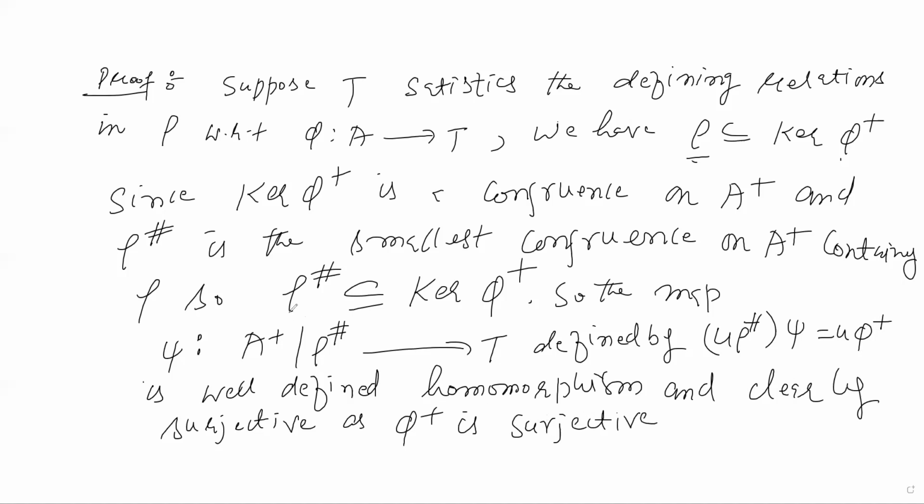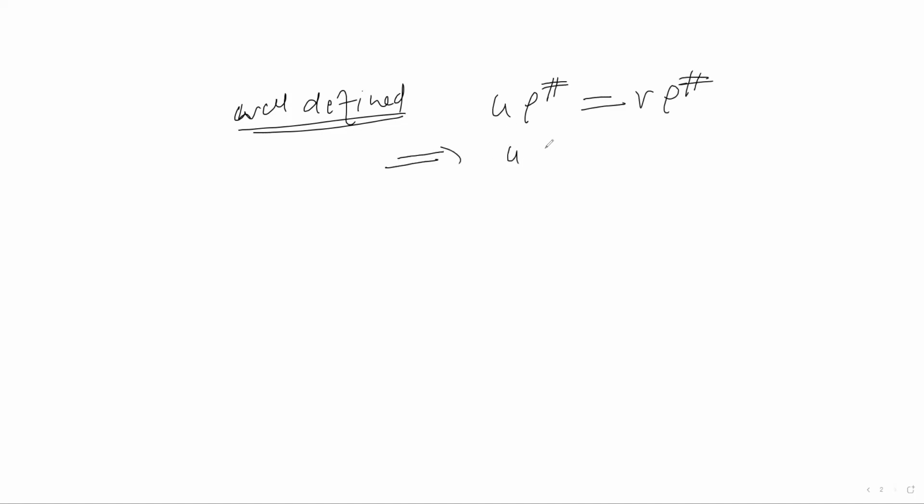And well definedness follows from this fact. How? Well defined means you take two elements as same and you see their images are also same. So if u rho sharp equals v rho sharp, it means the pair u, v belongs to rho sharp, but rho sharp is contained in kernel of phi plus.